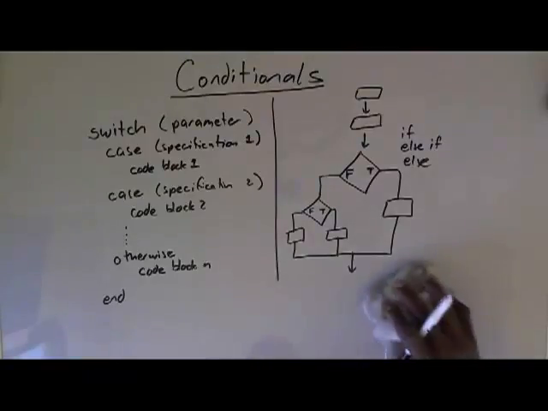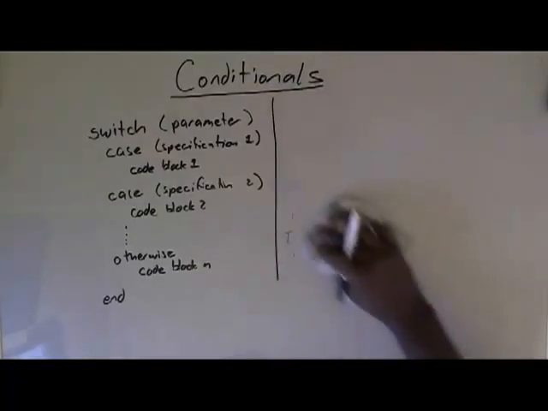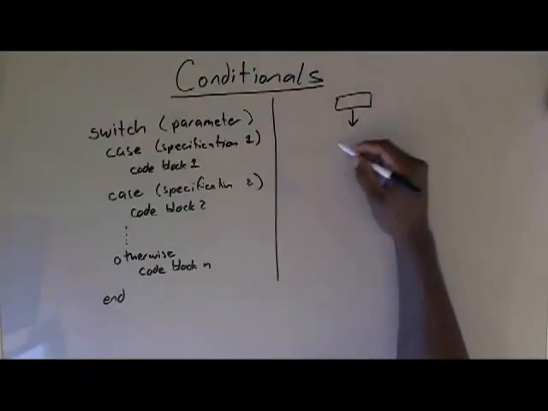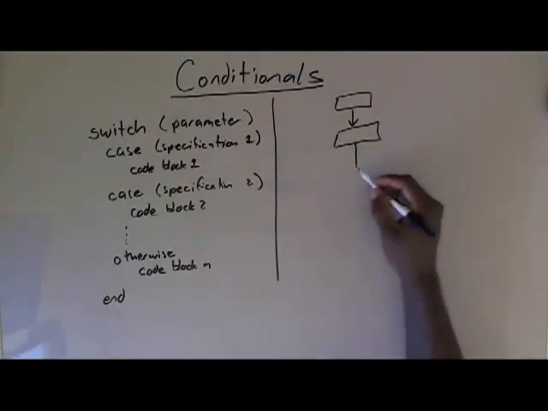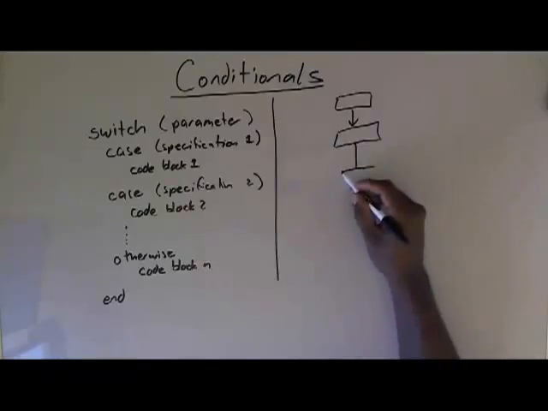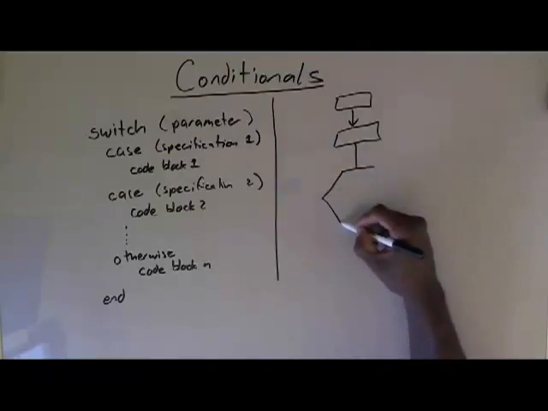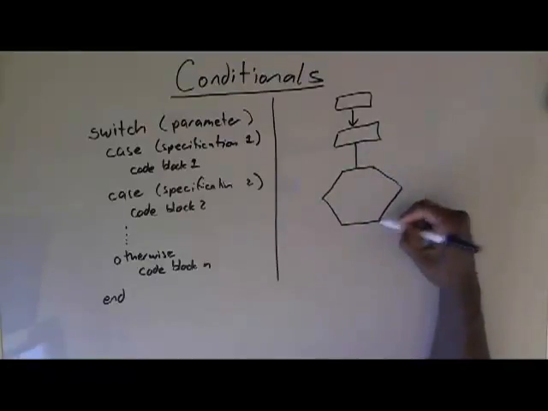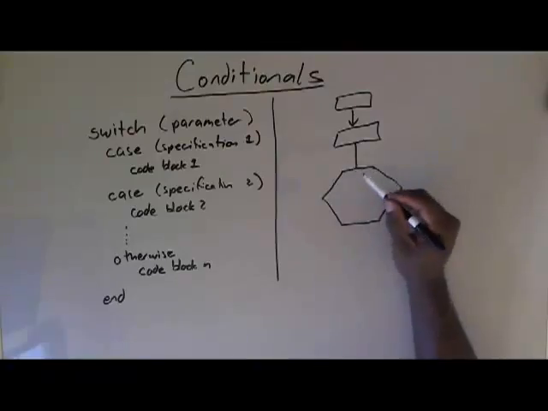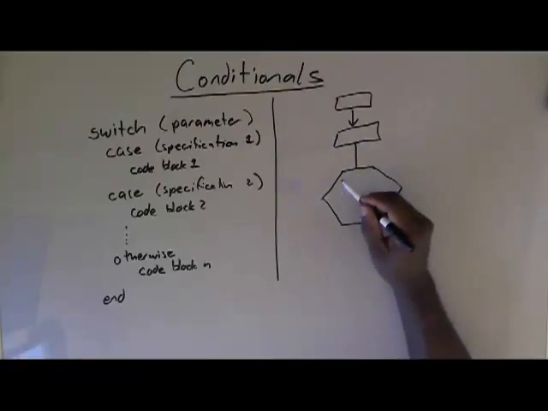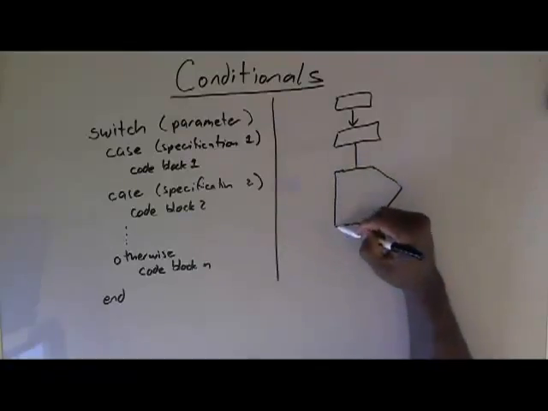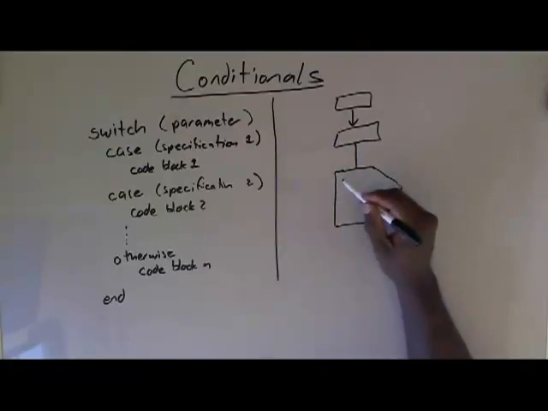Well, if you look at the switch statement, it looks a little bit more like this. Your code's going along, you're running code, and then I'll use some kind of hexagonal structure here. And then you have these cases, and the code block you run next is dependent on these cases.